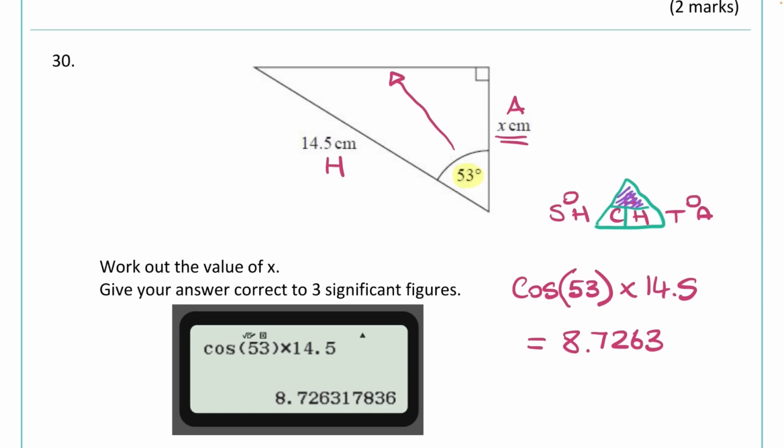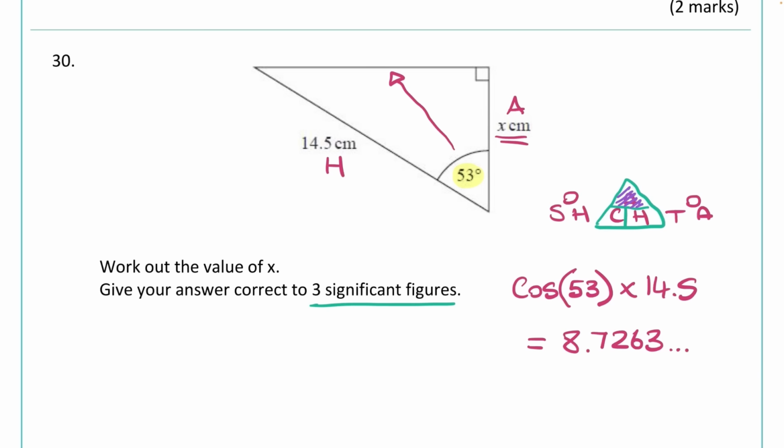I'm going to stop there because I've written down 5 significant figures, which is enough to now round it to 3 significant figures. So 8.72 after the line, and that's going to be 8.73, as it's a 6 afterwards, and that is in centimetres.